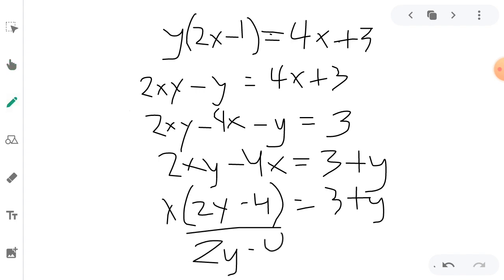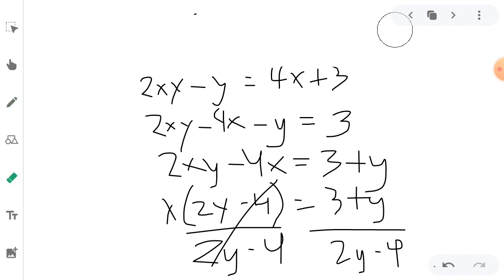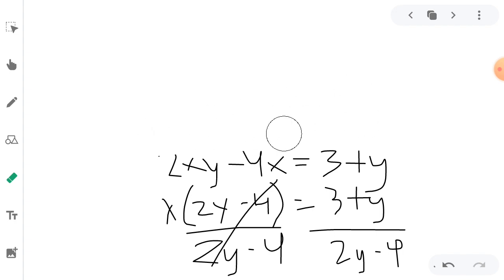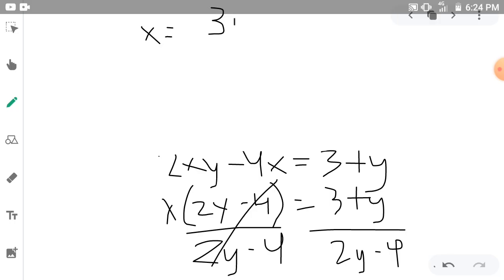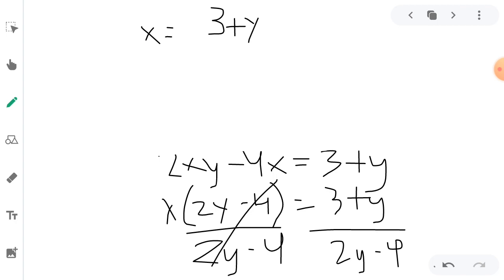So the value of our x now is 3 plus y divided by 2y minus 4.